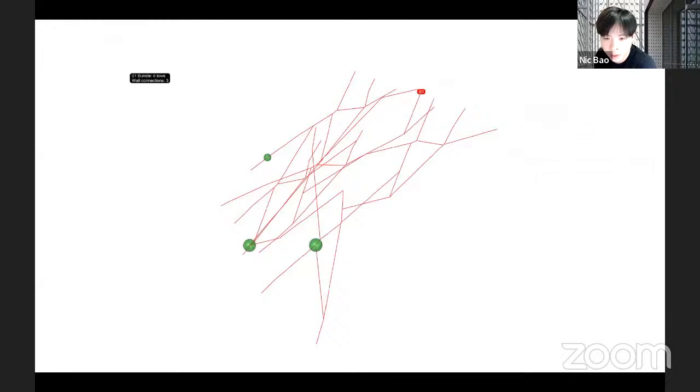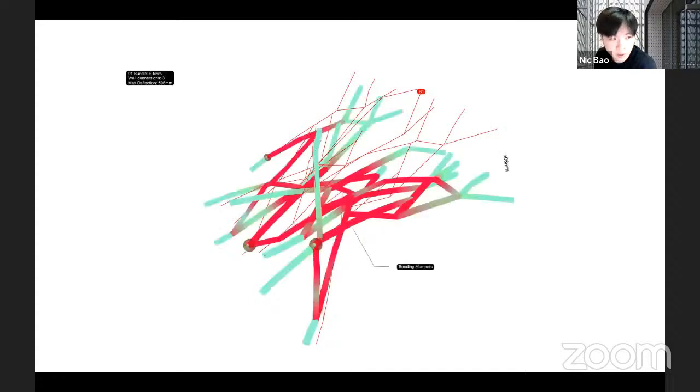You can see this is the skeleton design for one installation using carbon fiber. In the first iteration, there are more red parts, which means much higher strength.